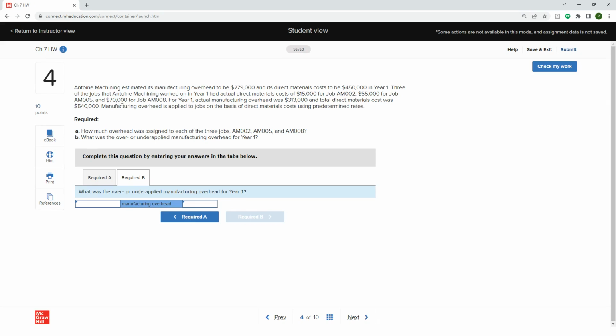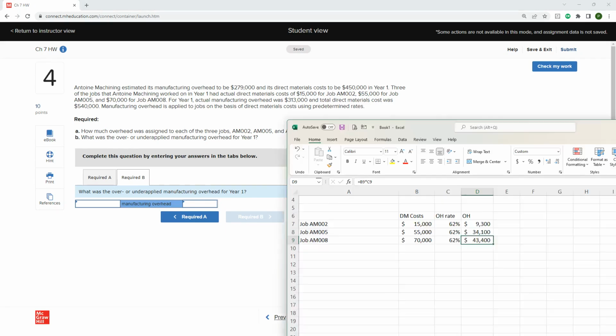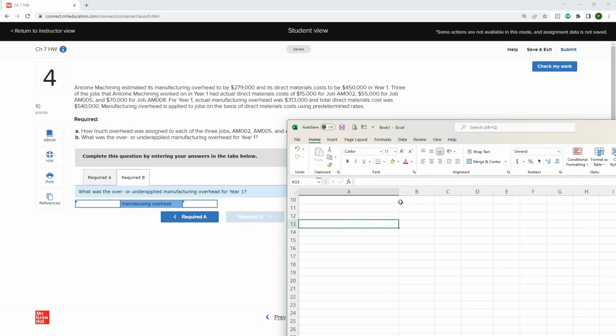So for part B, it says what was the over or under applied manufacturing overhead for year 1. So the question tells us that actual overhead was $313,000. But how much did we apply? We know that we're applying overhead based on direct materials cost. Total direct materials cost was $540,000.